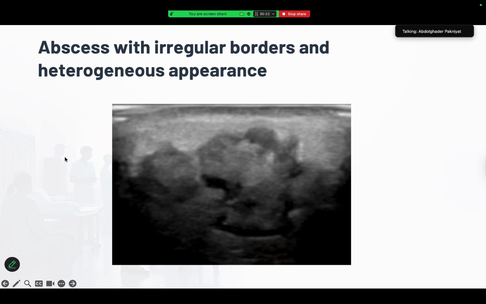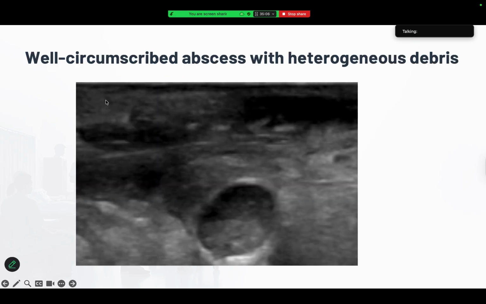So let's review some images related to the abscess. As you see here, there is the hyperdense dermis, the subcutaneous layer, and here we can see an irregular border and heterogeneous appearance of an abscess. And here is another, circumscribed abscess with heterogeneous debris.